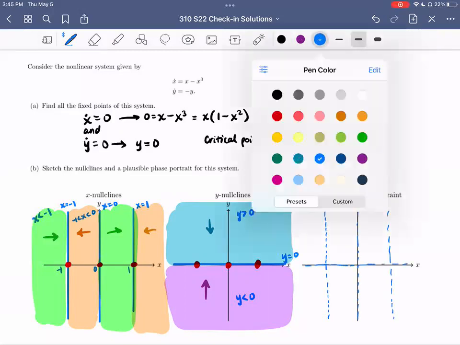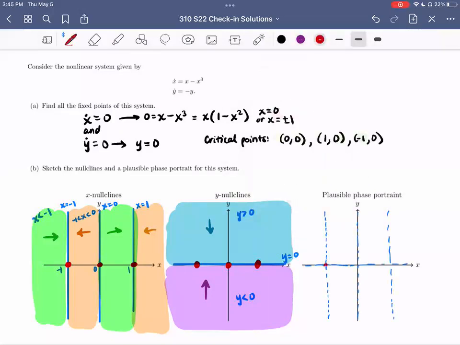My fixed points are still the same, at (-1, 0), (0, 0), and (1, 0). But now I'm going to label things based on my x and y nullclines. In this region over here, my solutions should be moving to the right. In the region next to this, they move left, and then they move right, and then they move left.